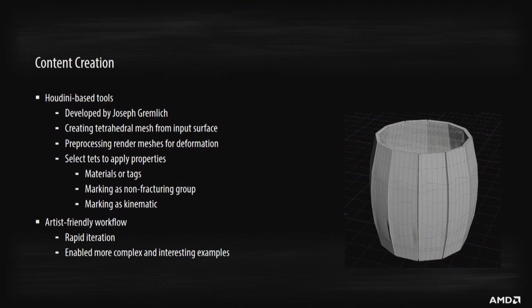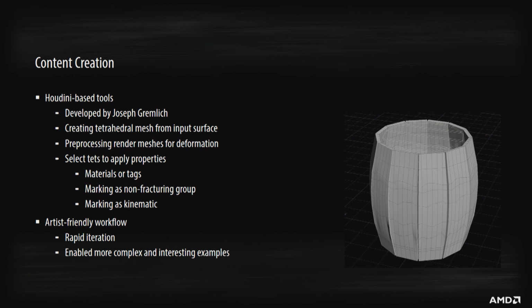We can do that by inputting a surface mesh and using certain nodes that will generate the tetrahedral data, and also custom things we did involving pre-processing those render meshes and attaching them to the simulation meshes.